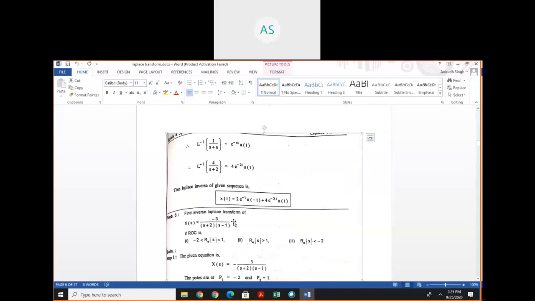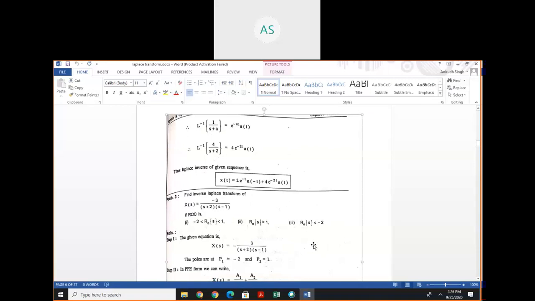This means that in calculation of the inverse Laplace transform, first you see the poles. If poles lie to the left hand side of the ROC, then you take the Laplace transform pair in which the signal is multiplied with u(t).